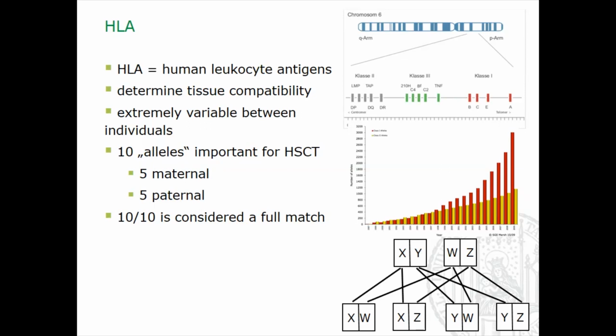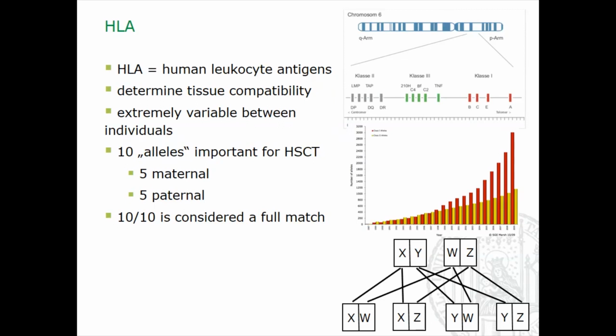The problem with, or the good thing with HLA is that it's extremely variable between individuals, and all the HLA genes are located on chromosome 6, and there are a number of them which are grouped into 3 classes. But for stem cell transplant, we only look at 5 of those, and everybody of us has 2 copies of each gene. So in total, we would look at 10 so-called alleles, which are important for stem cell transplantation.